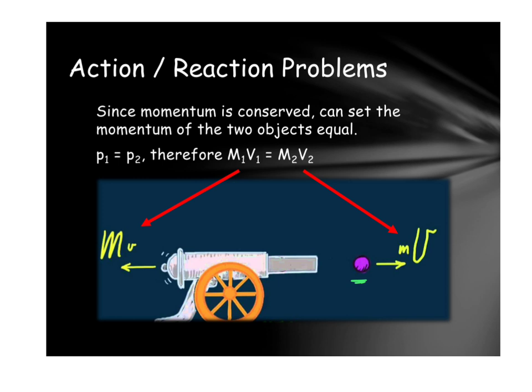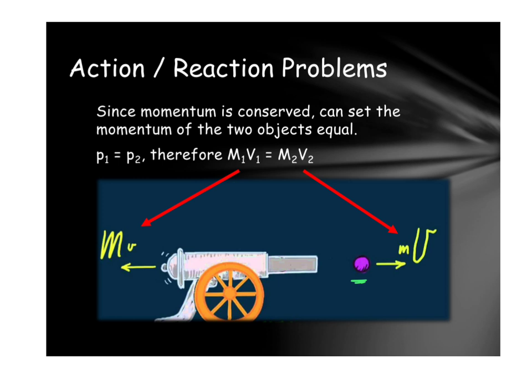And then the cannon recoils in the opposite direction, according to Newton's third law. It has a lot larger mass, so its recoil velocity is going to be smaller. But because momentum is conserved, the momentum of the ball and the momentum of the cannon recoiling are going to be equal.